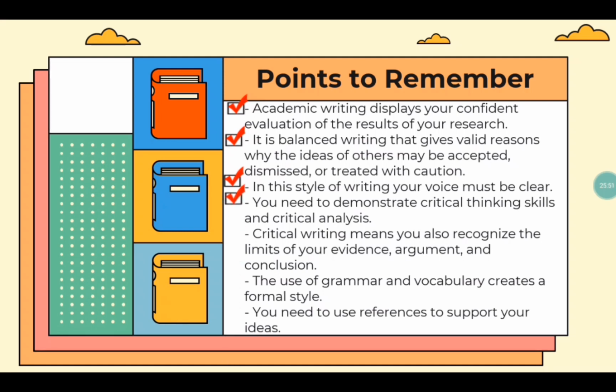You need to demonstrate critical thinking skills and critical analysis. Critical writing means you also recognize the limits of your evidence, argument, and conclusion. In academic writing, the use of grammar and vocabulary creates a formal style. Lastly, you need to use references to support your ideas.